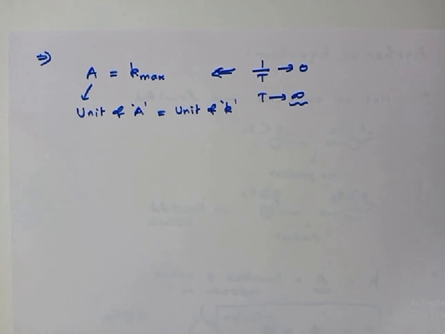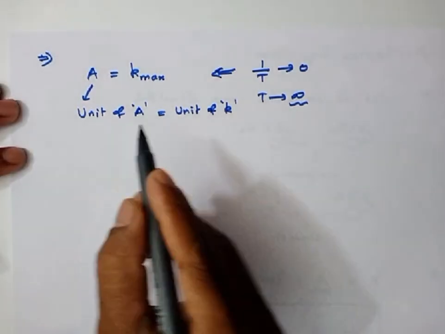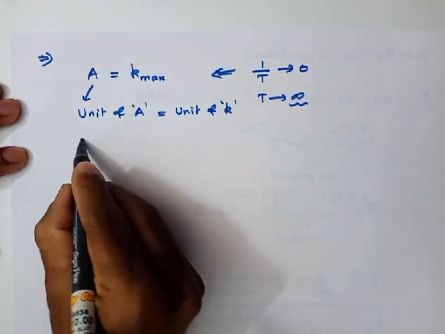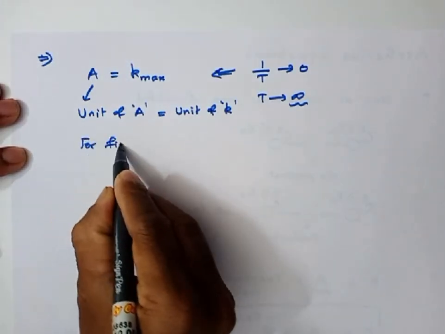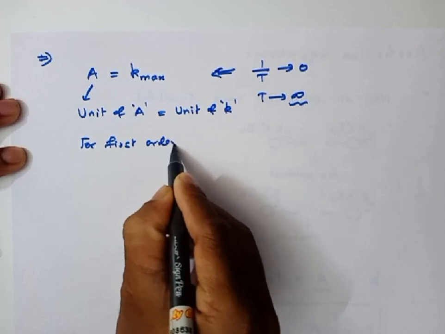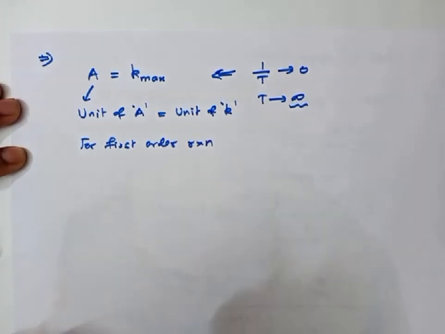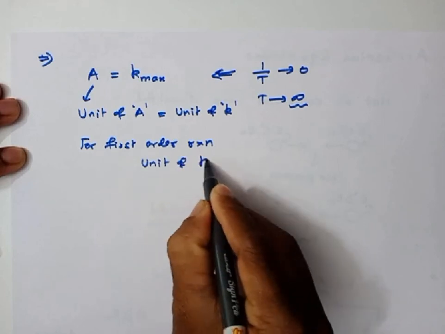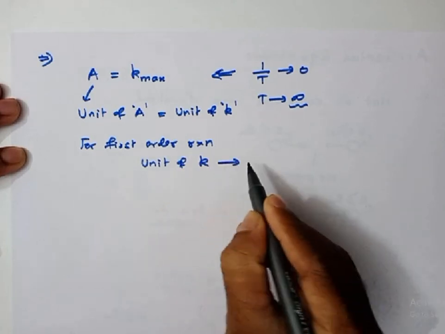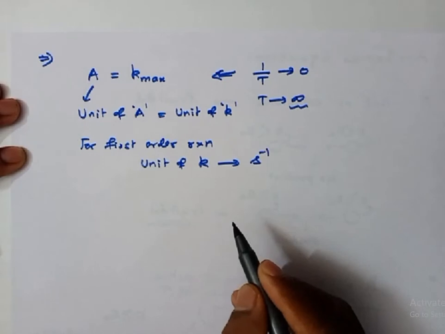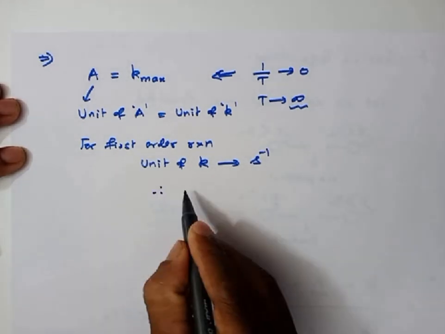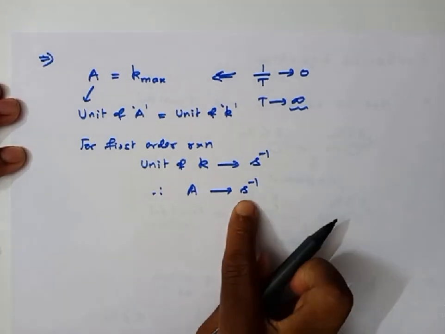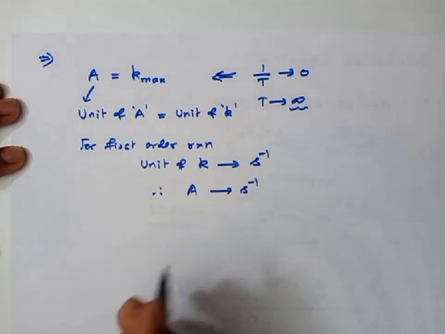Then, if you take a first order reaction, the unit of K for a first order reaction is second inverse. Therefore the unit of A is also second inverse. And you know very well, second inverse is the unit of frequency.